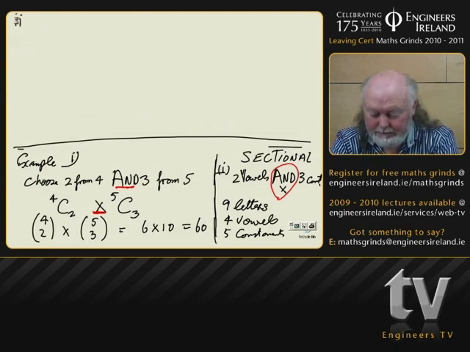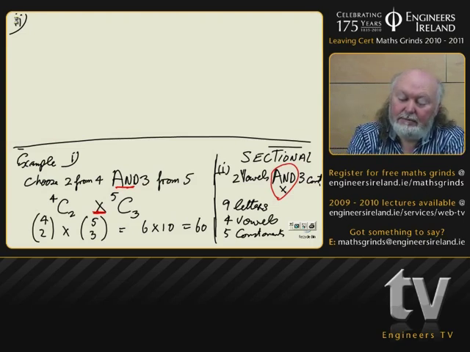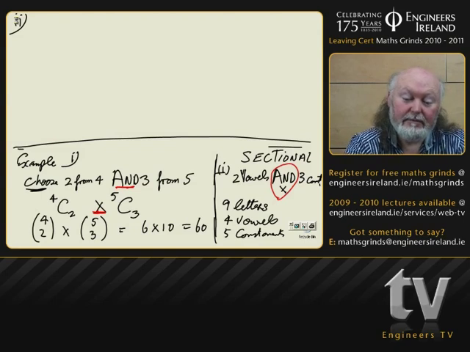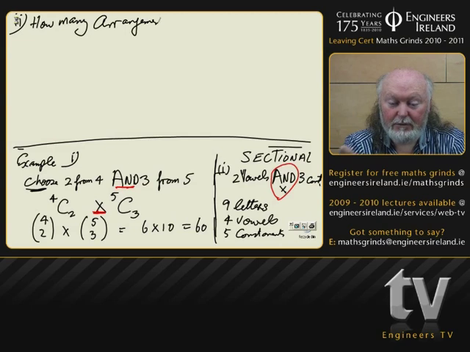Part 2. How many arrangements of 2 vowels and 3 consonants are possible? This is choosing. The second one, they're asking us how many arrangements. That's the key word.